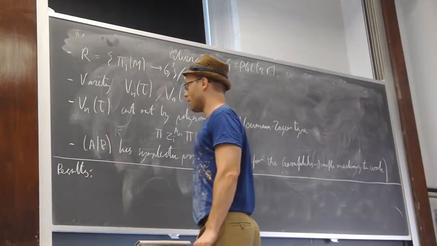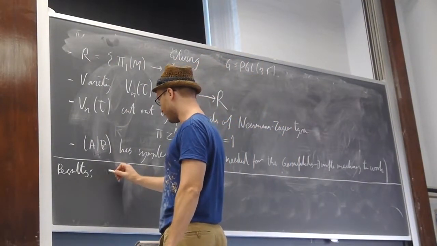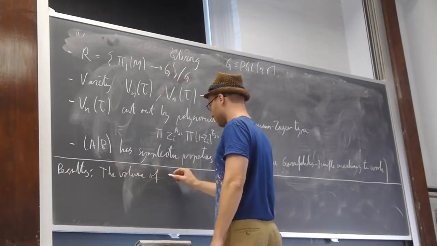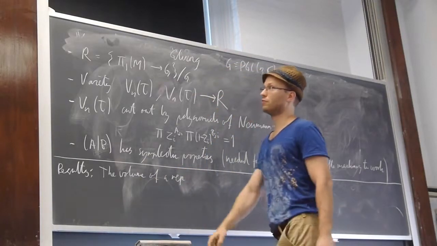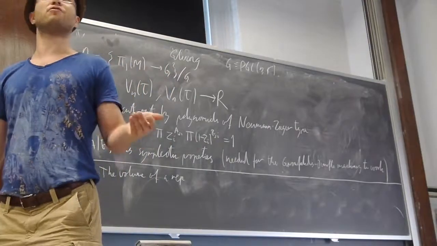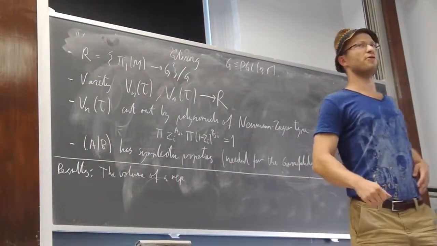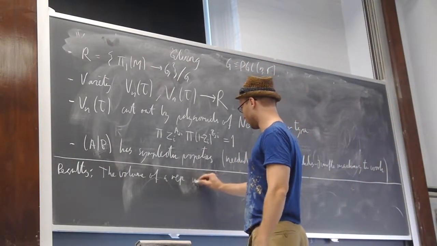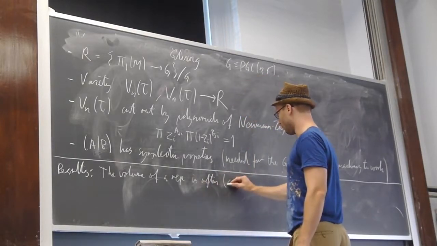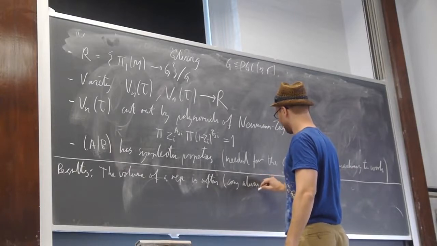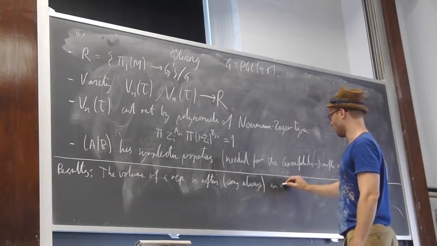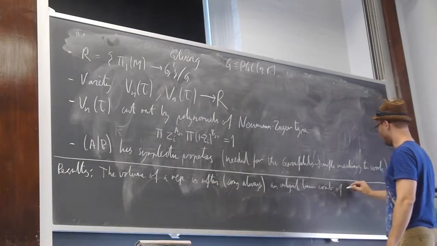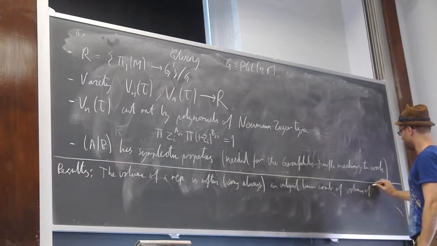We've found that the volume of a representation, and this is into any n, we've only actually explicitly computed it for n equals 2 and 3, and 4 for the figure 8, is often, and we conjecture always, an integral linear combination of volumes of hyperbolic manifolds.